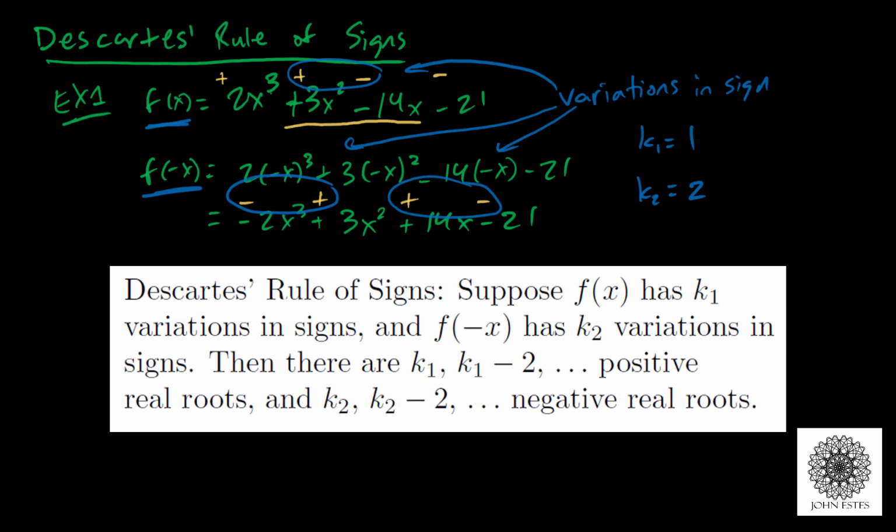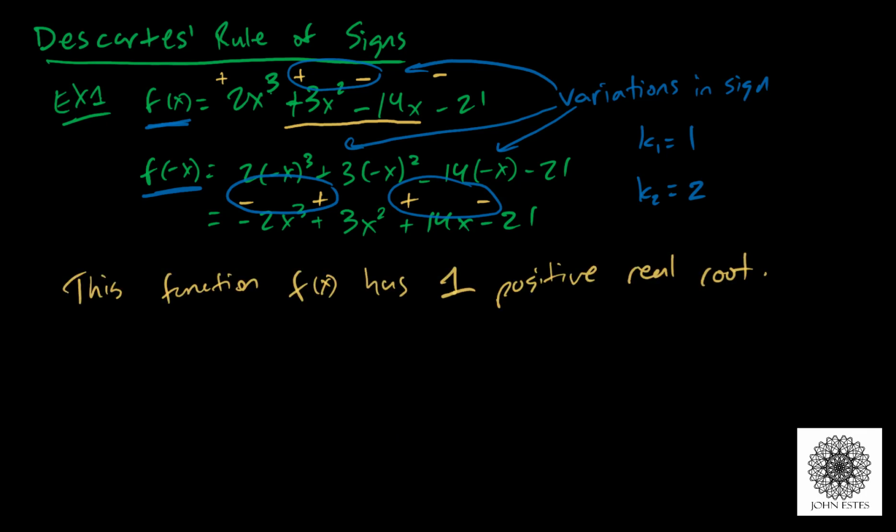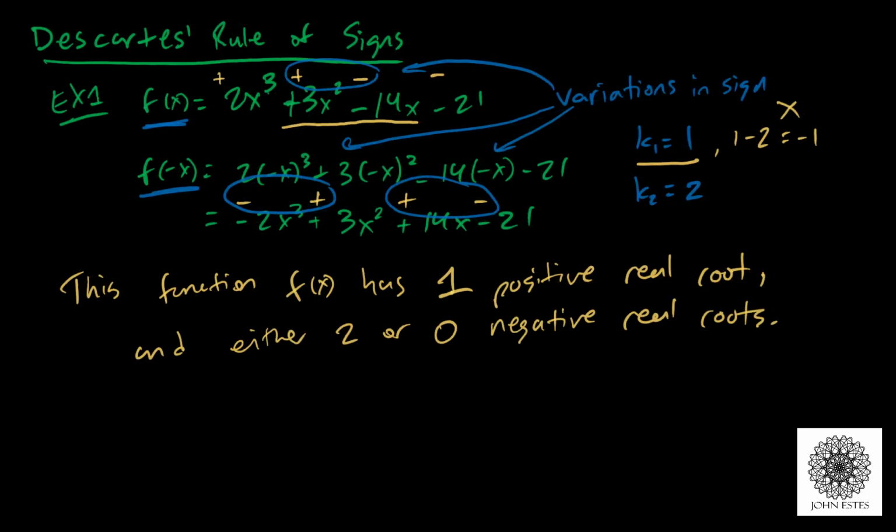Alright, so going back to this example, we saw that k1 was 1. So how many positive real roots can I have? This function is going to have one positive real root because k1 equals 1. And if I do minus 2, I'm in the negatives, so that's not going to work. So there is going to be one positive real root. What about negative real roots? This function will have either 2 or 0 negative real roots. How do I know that?